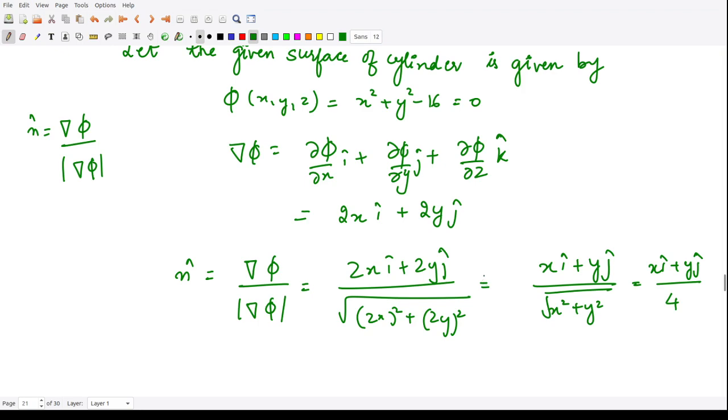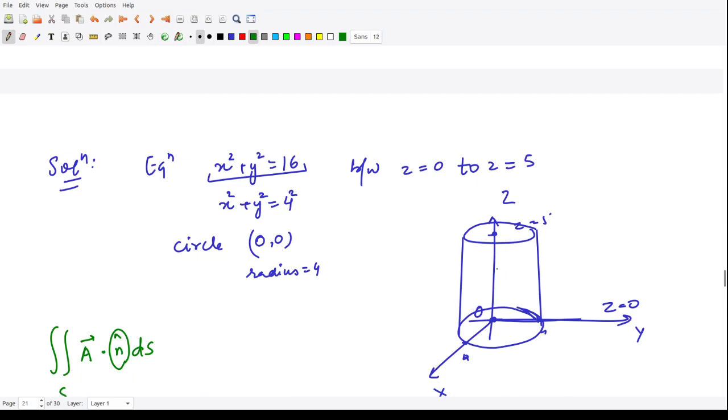Now for the projection of the given surface, we cannot take the projection onto this xy plane. Why? Because when you take the projection onto this xy plane, this whole surface is itself perpendicular to this xy plane. So instead we will take its projection over to this xz plane. So you are taking the projection like this.